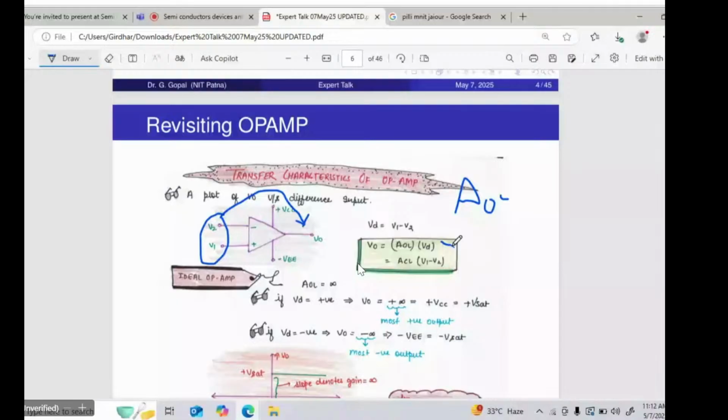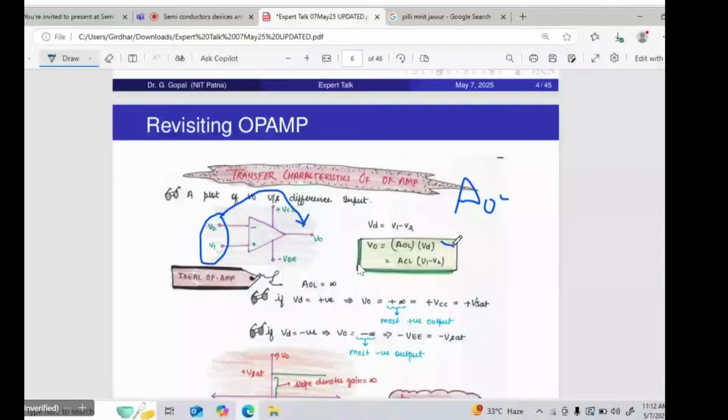Now come to what an ideal op-amp is. Ideally, the op-amp has high voltage gain, approximately infinite, right? If VD is positive, the output voltage is infinite. If VD is negative, then V0 is minus infinite, because the op-amp has high voltage gain, approximately infinite.